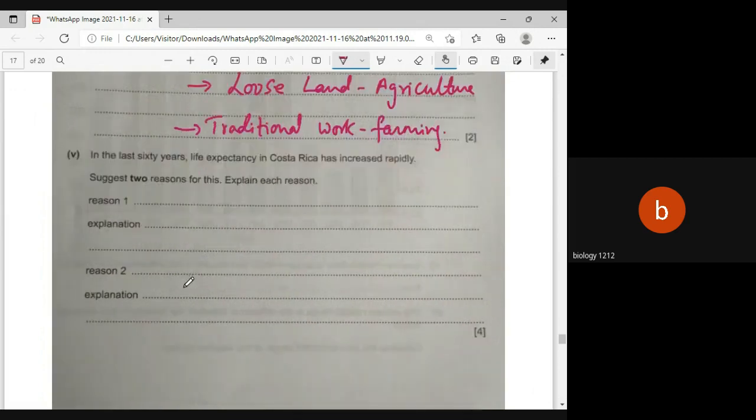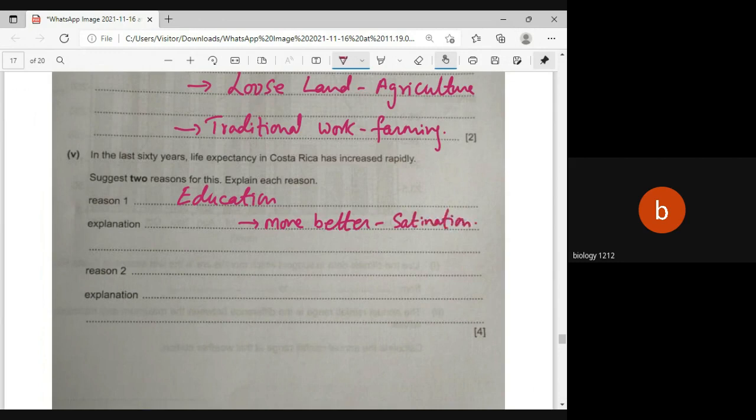The next one is, in the last 60 years life expectancy in Costa Rica has increased rapidly. Suggest two reasons for this. So the life expectancy has increased, we can give a reason here about education, right? So when people are getting educated, the explanation you can give is that they know better about sanitation, or you can say about the hygiene.